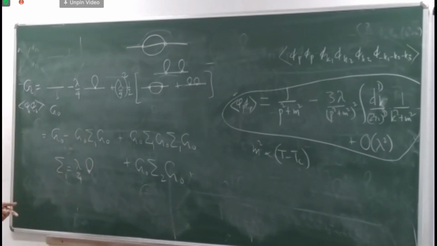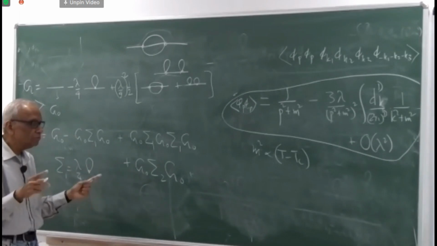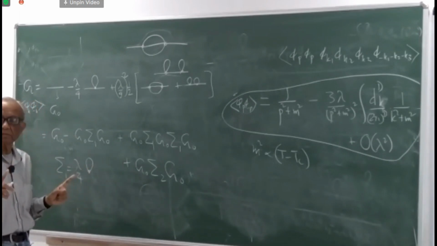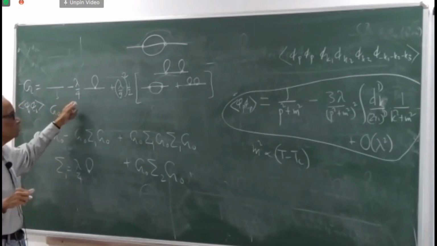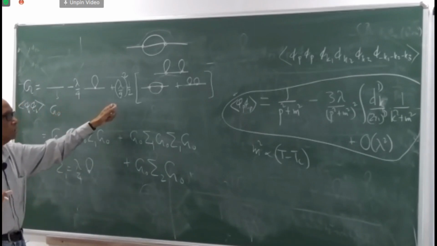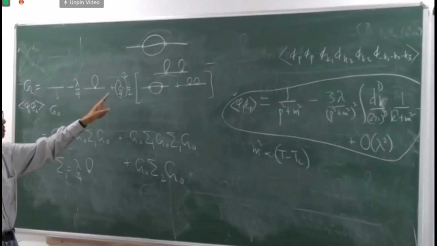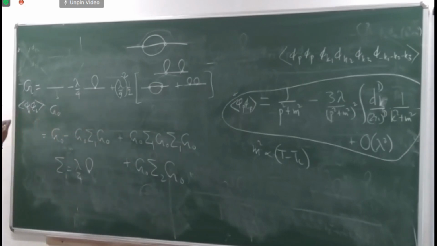Combinatorial factors are included in the diagram. In how many ways can I form the diagram? Sigma 1, sigma 2, they have to carry the combinatorial factors. This is just the coupling constant, which is lambda by 4.